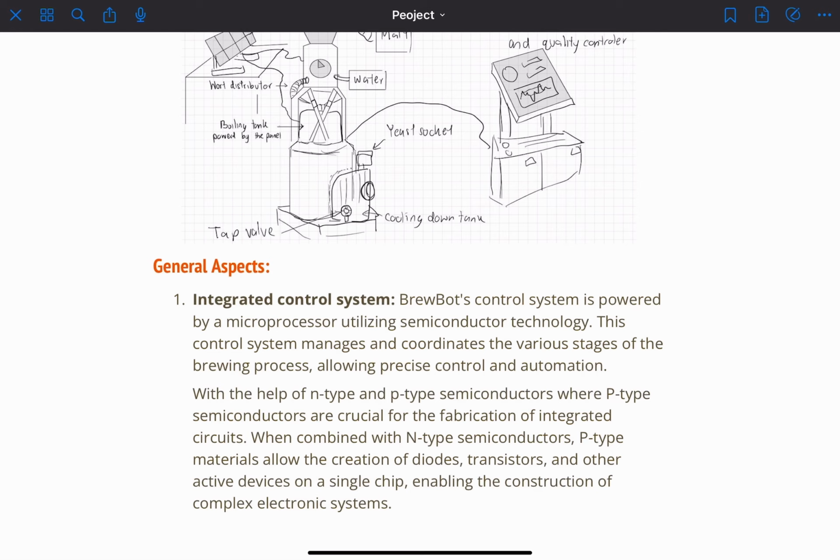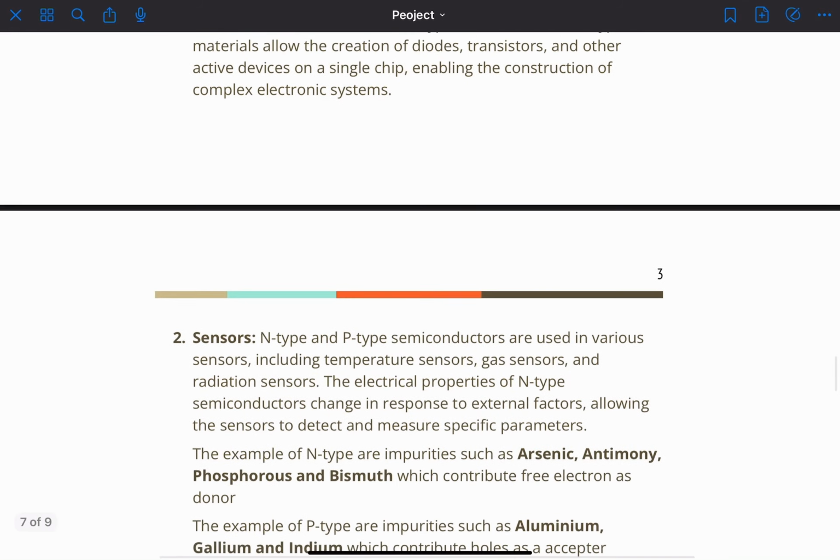With the help of N-type and P-type semiconductors, where P-type semiconductors are crucial for the fabrication of integrated circuits, when combined with N-type semiconductors, P-type materials allow the creation of diodes, transistors, and other active devices on a single chip, enabling the construction of complex electronic systems.